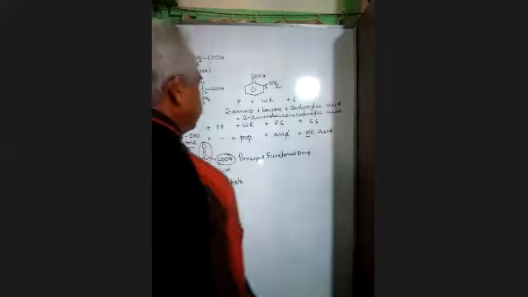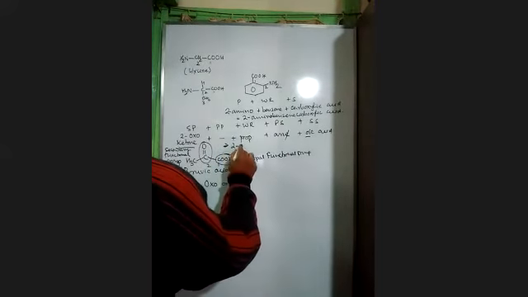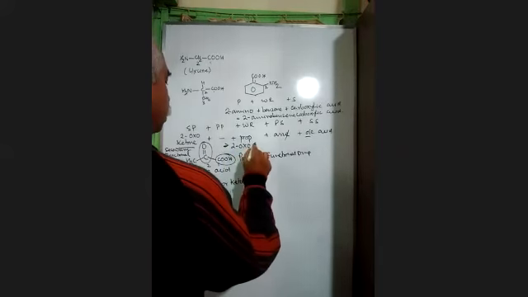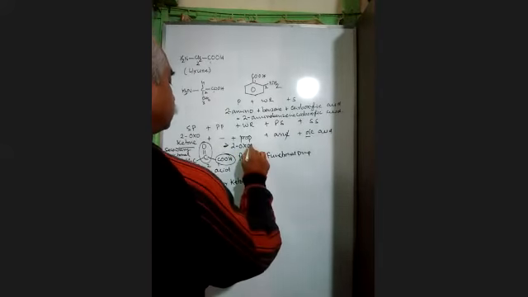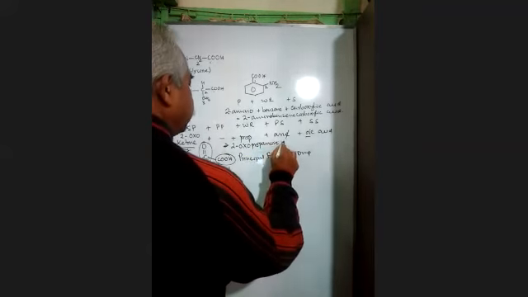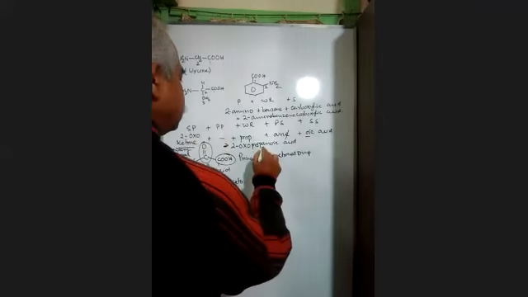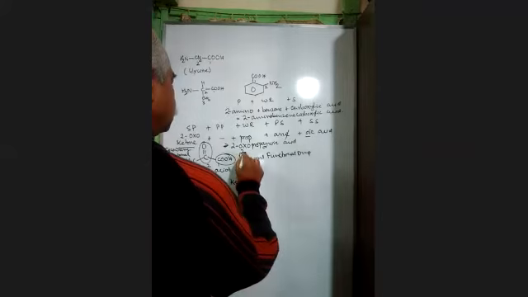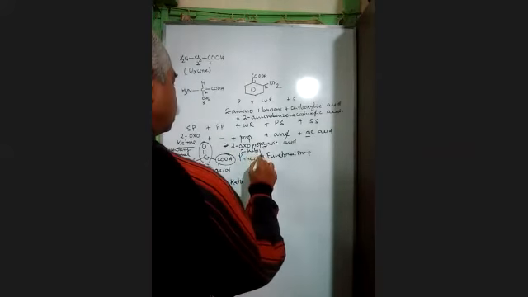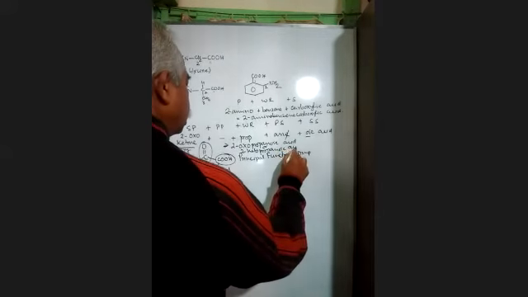The e is a vowel, so it will be dropped. So the name will be 2 oxo propanoic acid, or you can write 2 keto propanoic acid. It is up to you what you write. 2 keto propanoic acid.